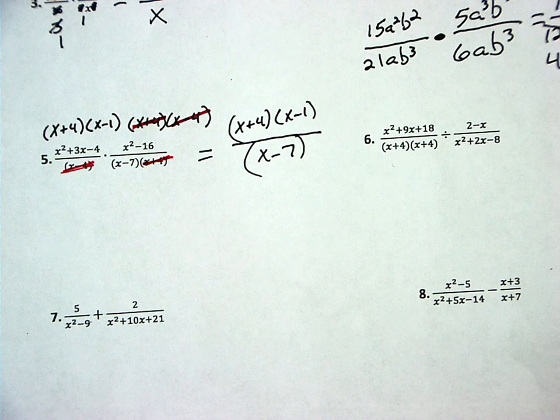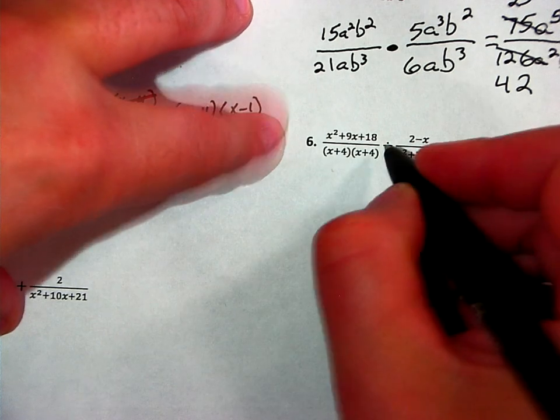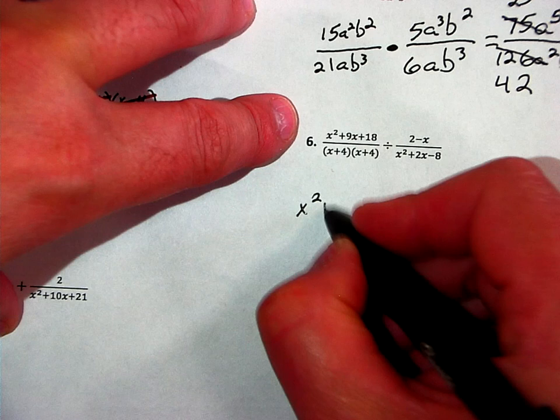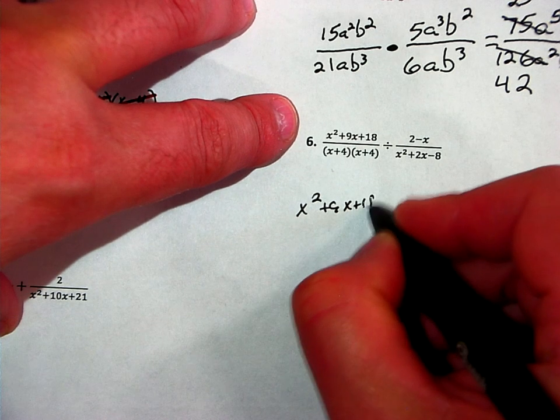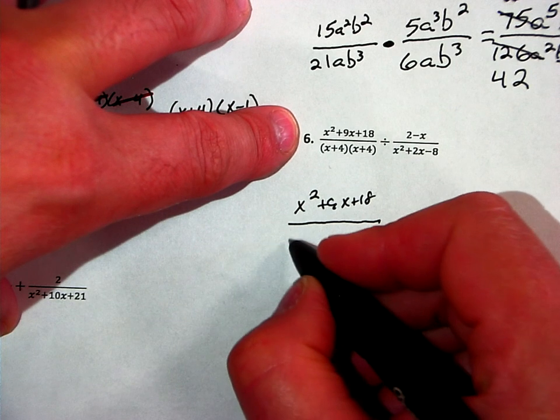So this one we're dividing. So before we do anything, let's just go ahead and flip it now or switch it. So x squared plus 9x plus 18 over x plus 4 times x plus 4.